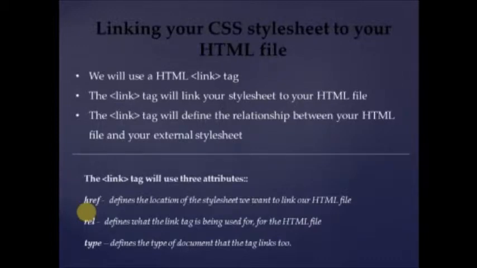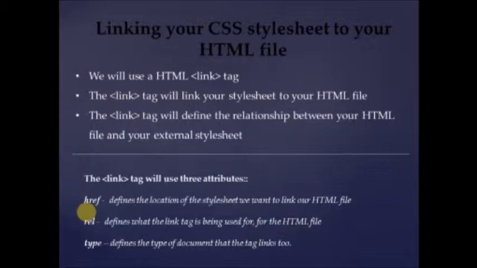So linking your style sheet to your HTML file. We will use an HTML link tag, and this link tag is what links our HTML file to our CSS page. The link tag will link the style to your HTML file, and the relationship that is defined between your HTML file and your external sheet is what this link tag does.